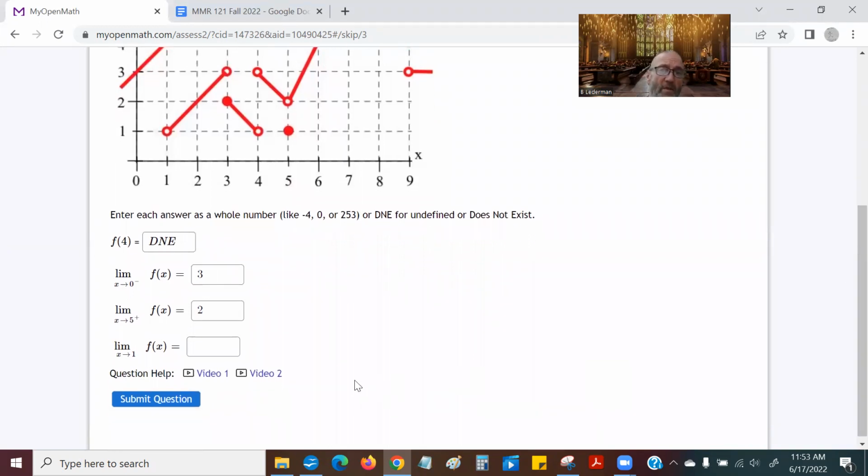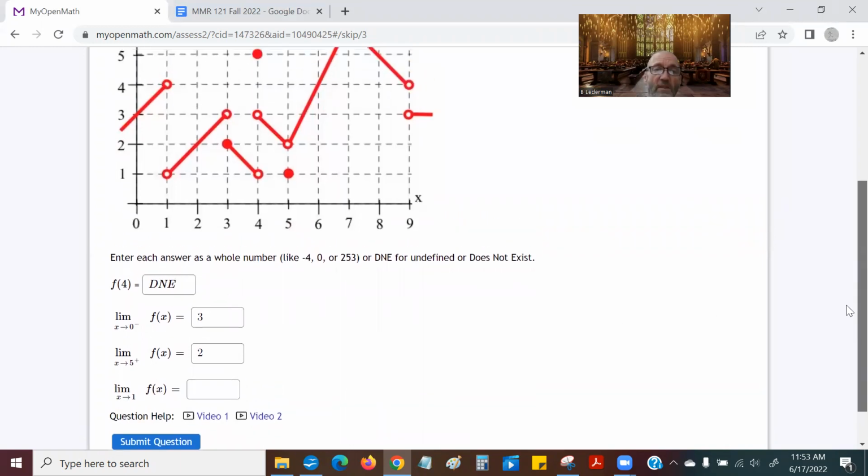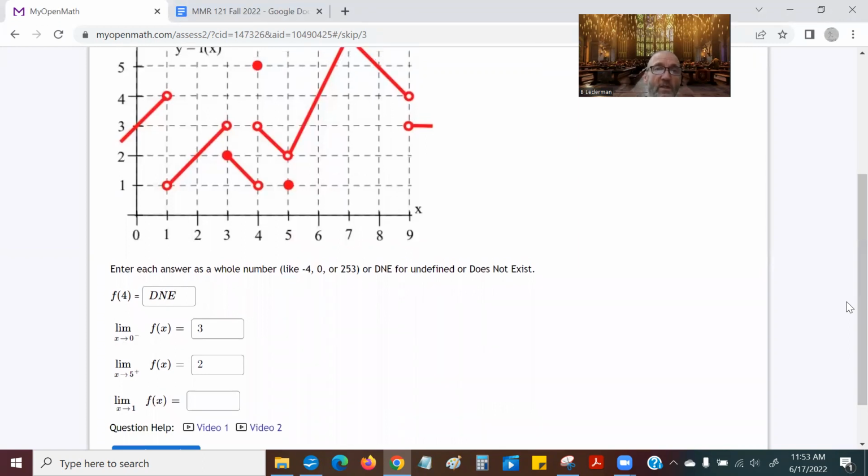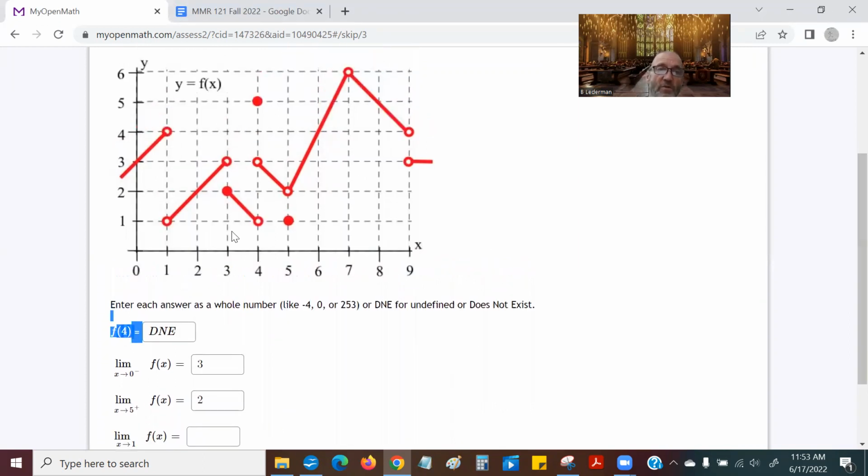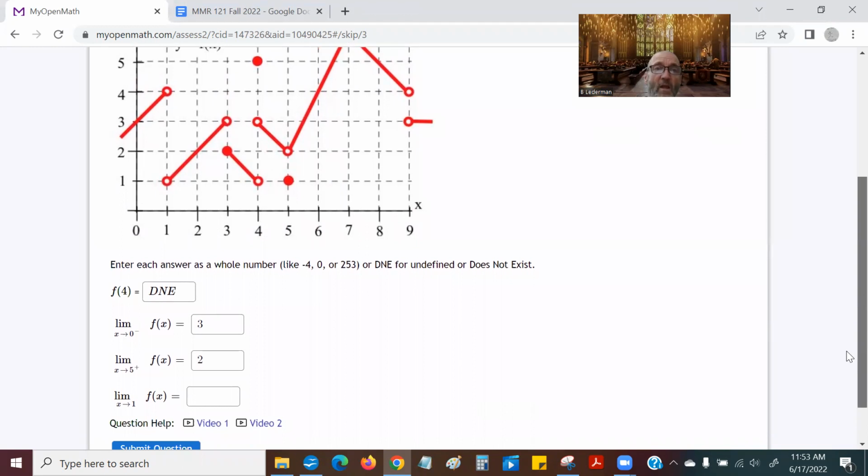So how about the limit as x approaches 1 of f of x? As we can see, there's an open circle here and an open circle there, there's no individual dot anywhere. So x equals 1 is really not in the domain of the function. It's not defined for this function. But that's the beauty of calculus. Even though there is no y value when x equals 1, nonetheless, there is a limit.